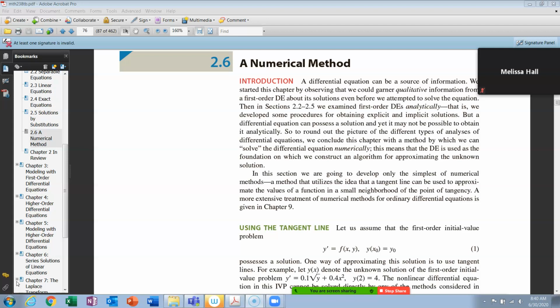Qualitative information was sort of like the directional things that we had, just giving an idea of where the differential equation is going. In this section, here's the issue: a differential equation can possess a solution and yet it may not be possible to obtain it analytically. This statement right here, okay?